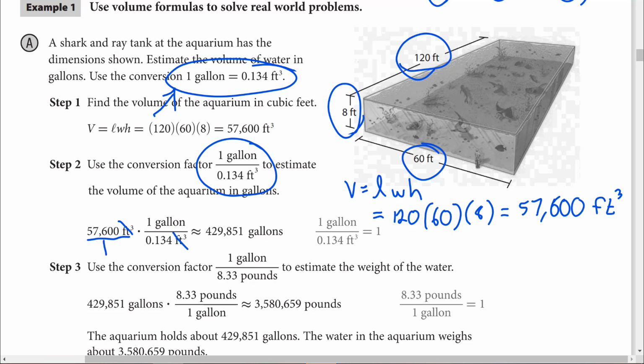Cubic feet divided by cubic feet, and my only unit left is gallons. So 57,600 cubic feet times 1 divided by 0.134. That tank that they've created will hold 429,851 gallons.